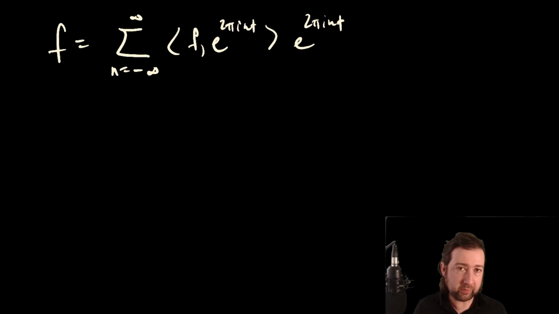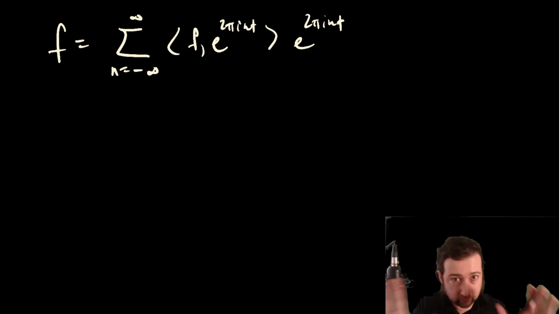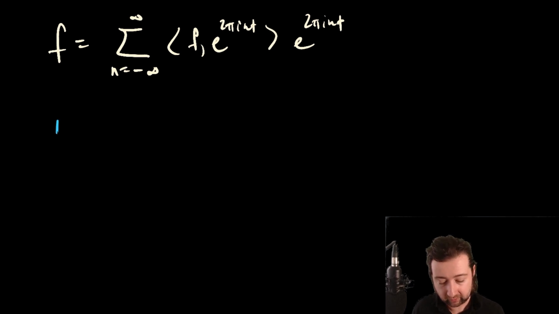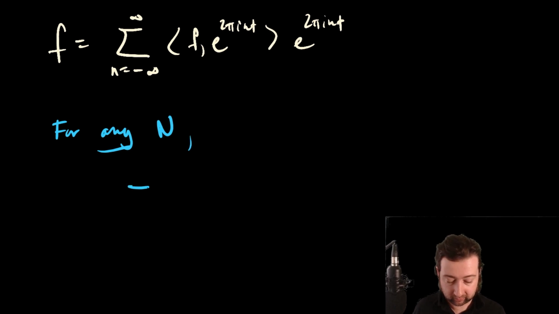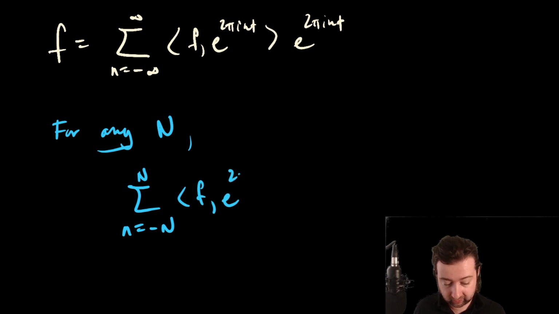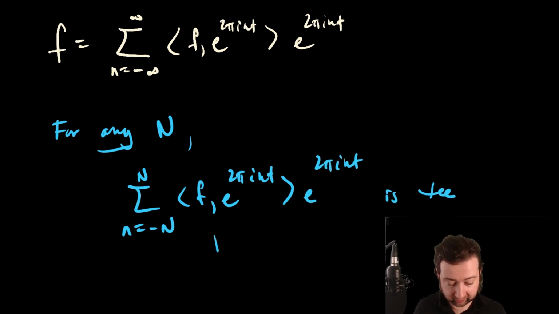The fact that the complex exponentials are a basis for the space L2 that all this lives in says the following. For any capital N, the sum from n equals minus N to N of the inner product of f with e to the 2 pi i n t, times e to the 2 pi i n t, is the best approximation. We should say the best least squares approximation.